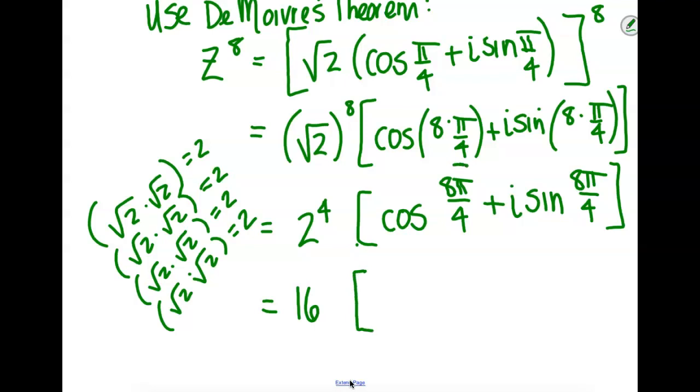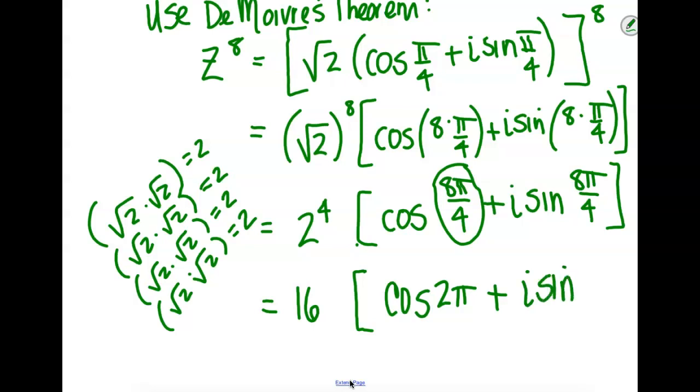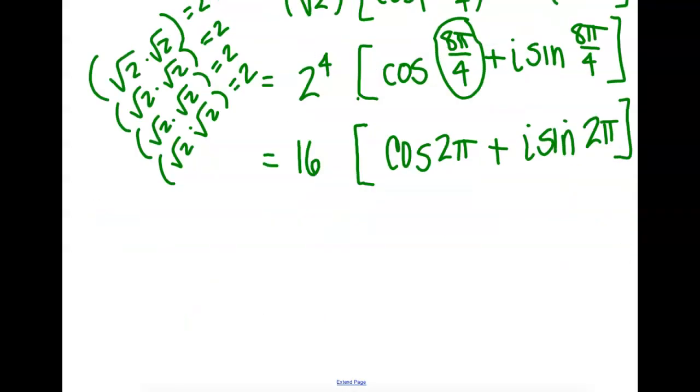Now cosine of 8 pi over 4: 8 pi over 4 is 2 pi. Plus i sine of 8 pi over 4, which is again 2 pi. So here is our z to the 8th in polar form.